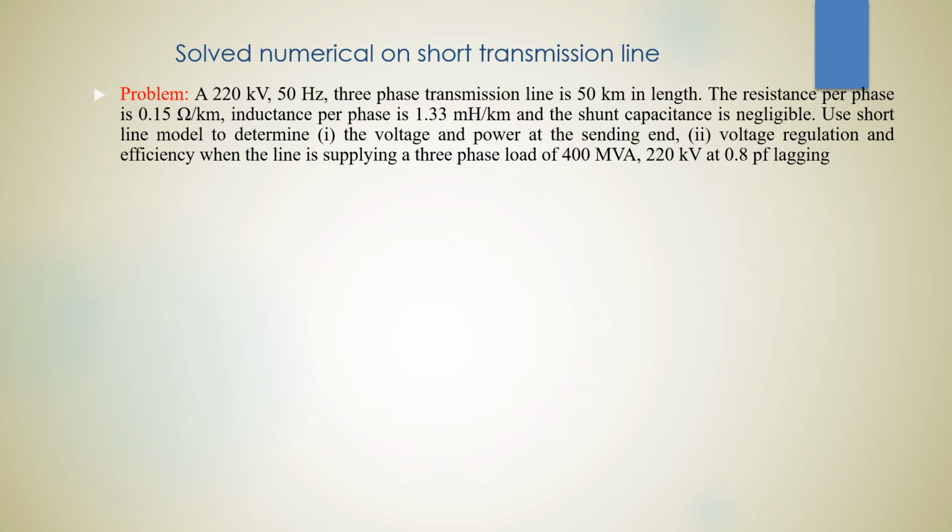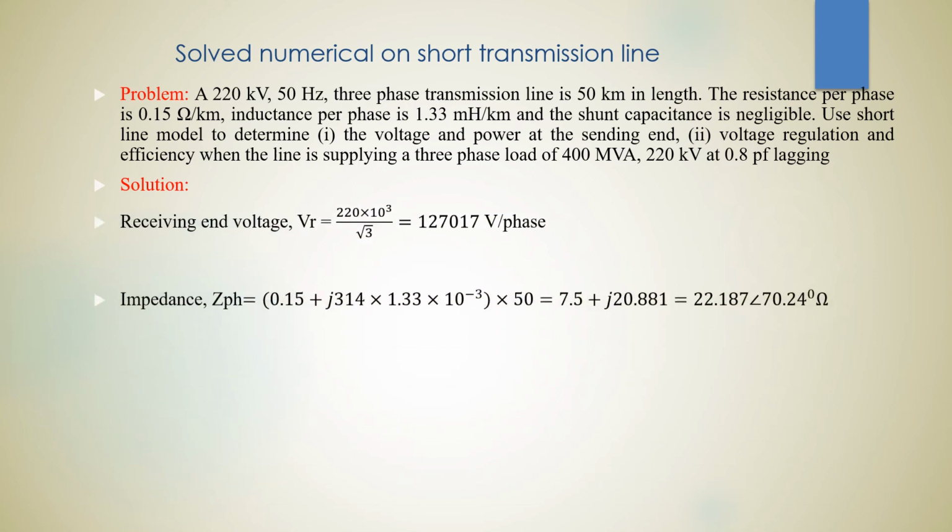Use the short line model to determine the voltage and power at the sending end, voltage regulation and efficiency when the line is supplying a 3-phase load of 400 MVA at 220 kV at 0.8 power factor lagging. This is the representation of the short transmission line, and we'll proceed towards the solution.